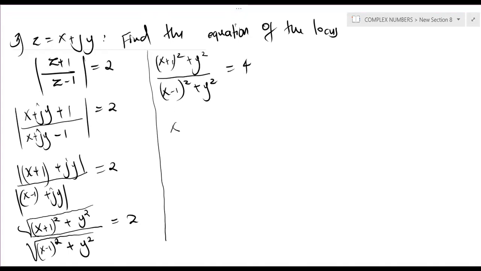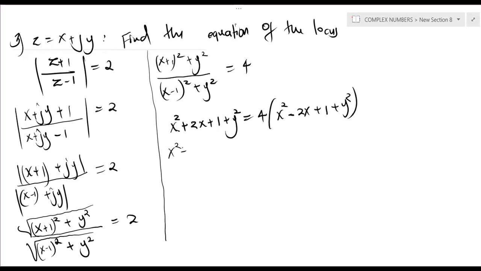So opening this bracket, I have x squared plus 2x plus 1 plus y squared is equal to 4 into, opening this bracket, x squared minus 2x plus 1 plus y squared. So this is x squared plus 2x plus 1 plus y squared is equal to 4x squared minus 8x plus 4 plus 4y squared.